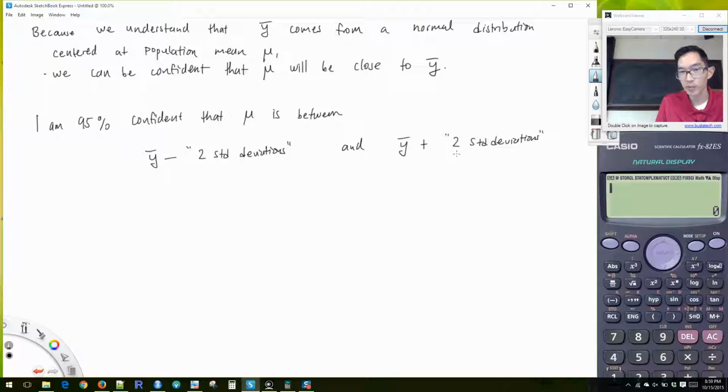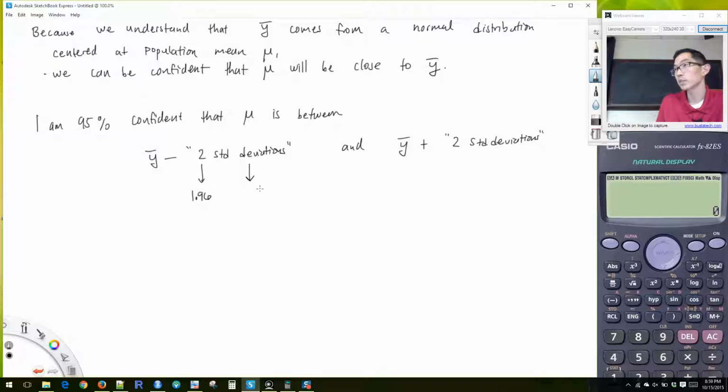Okay, and I put it in quotes because technically, if we look at the normal distribution for the middle 95%, it's actually 1.96, okay?